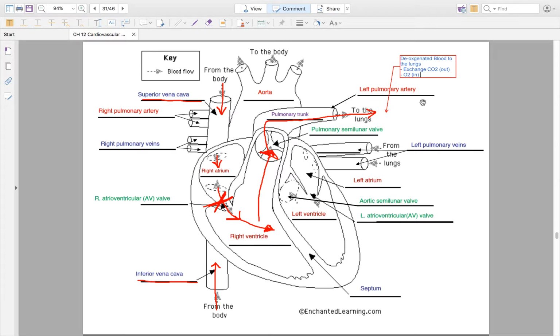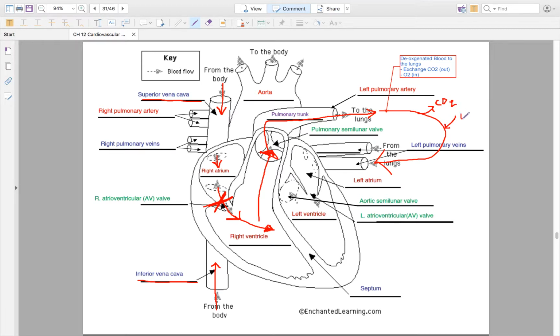But the fact is that eventually that blood, that oxygenated blood, is going to come back from the lungs. And again, CO2 is going to leave, and what comes in is O2.